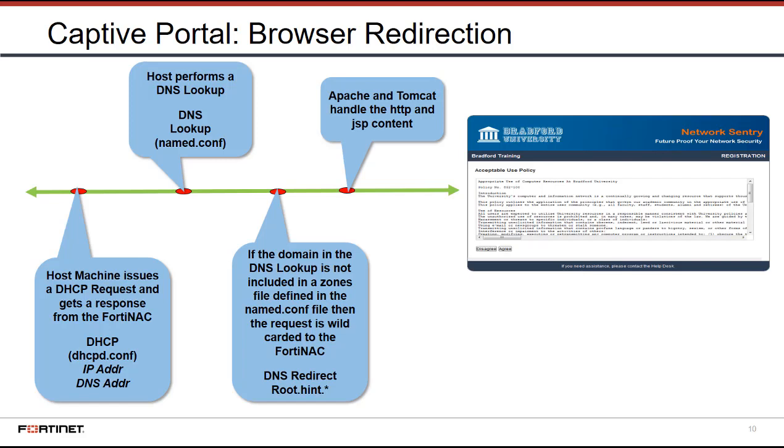And it's going to look in a list called the zones.com and determine if the site that the end station is attempting to access is an allowed site. And if it is, then the Fortinet will proxy the request to a real DNS server and return the appropriate response so that the host gets a valid IP to get to the site they're trying to get to.